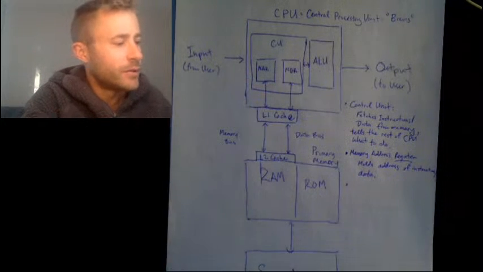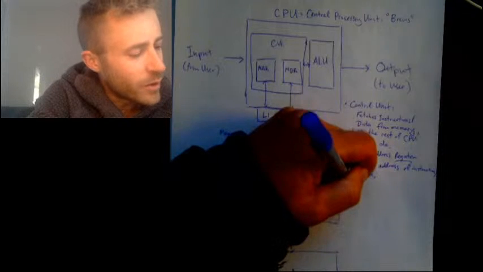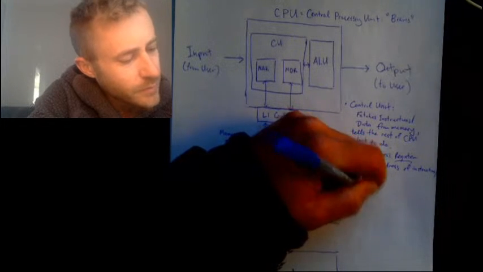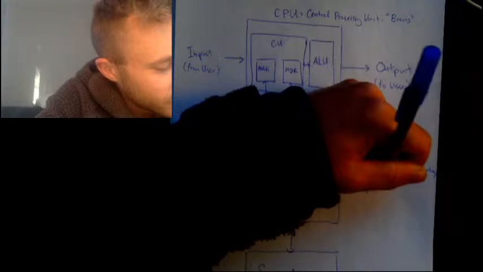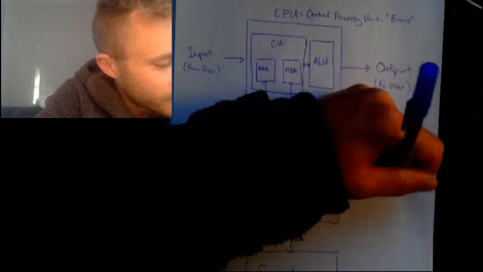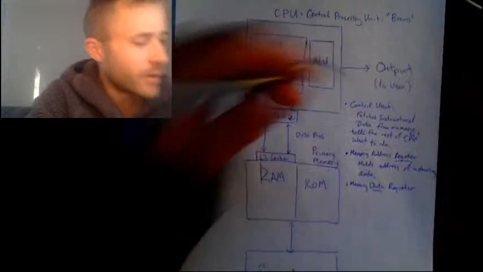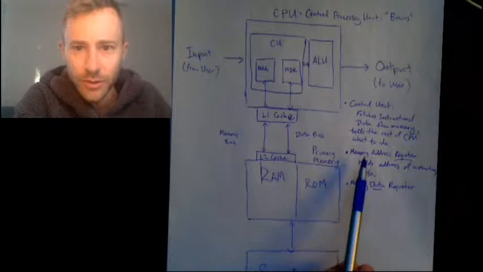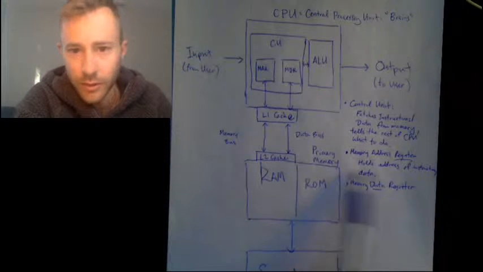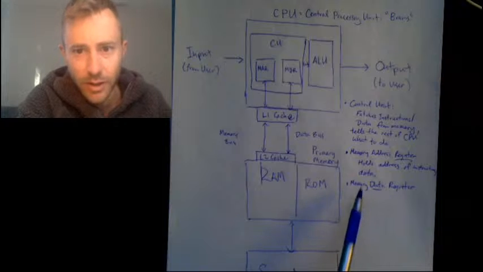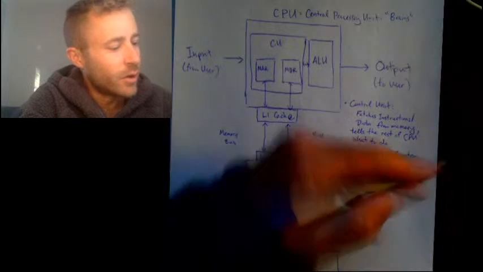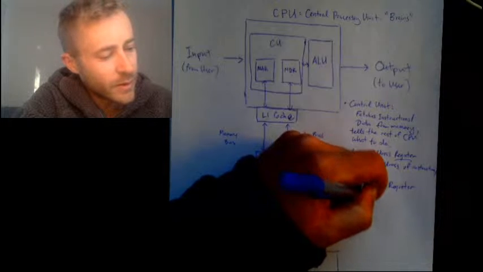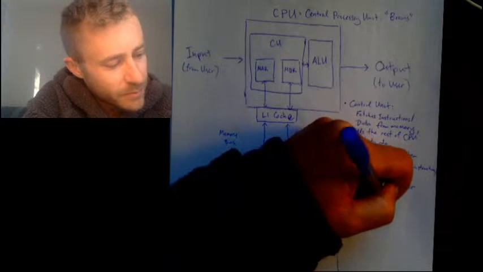MDR stands for memory data register. The memory address register holds where the instructions and data is, and the memory data register holds the actual data.